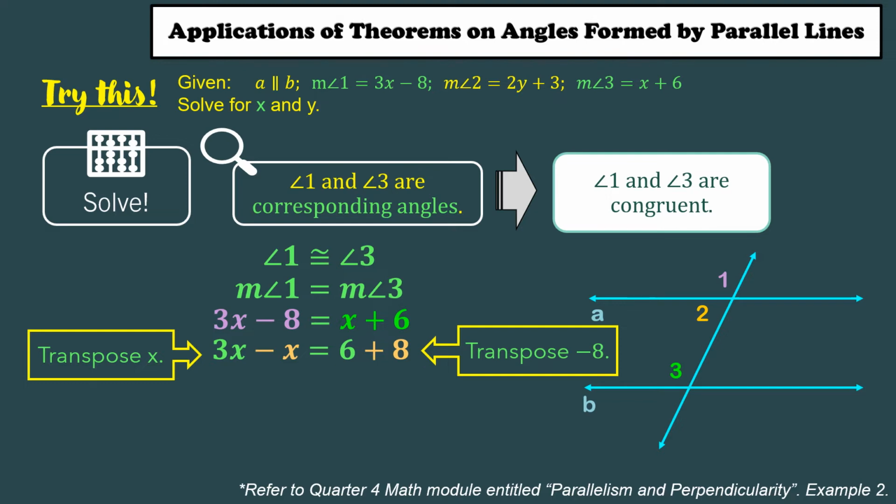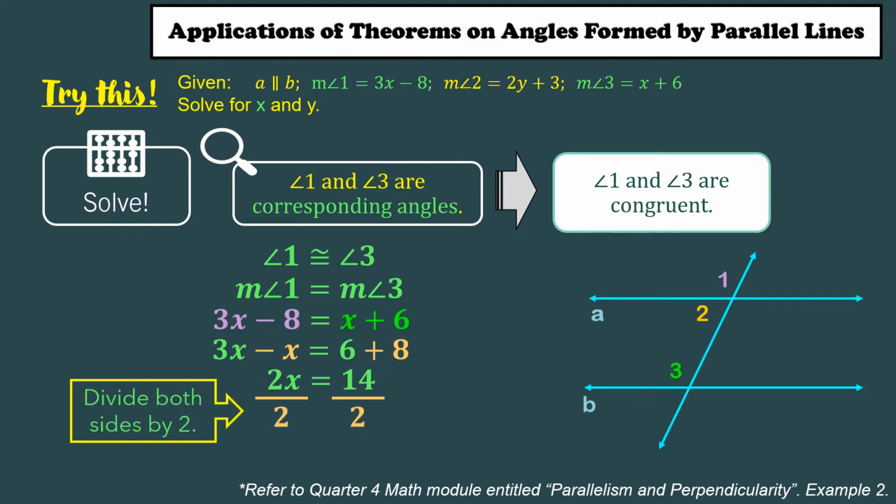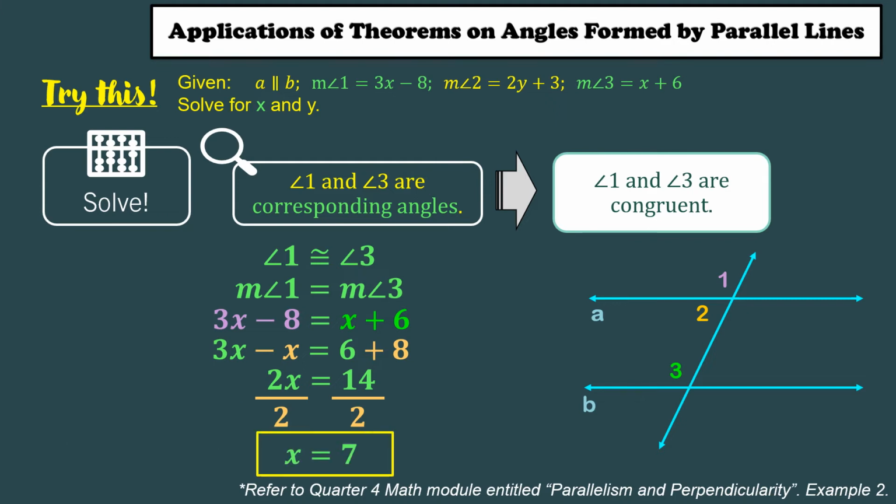Then, we simplify the resulting equation by doing the operations. 3x minus x results to 2x, while 6 plus 8 is equal to 14. From the simplified expression, 2x equal to 14, we then divide both sides of the equation by 2 to eliminate 2 from 2x, so that we can get the final answer, which is x equal to 7.